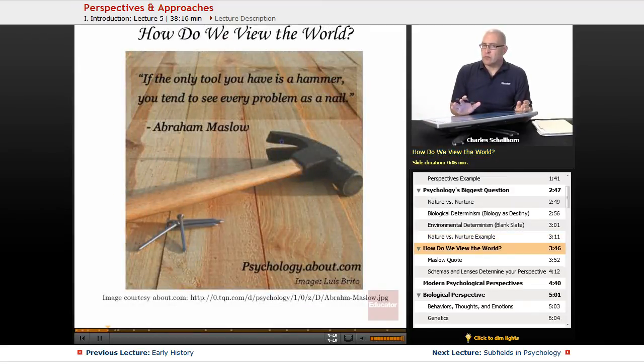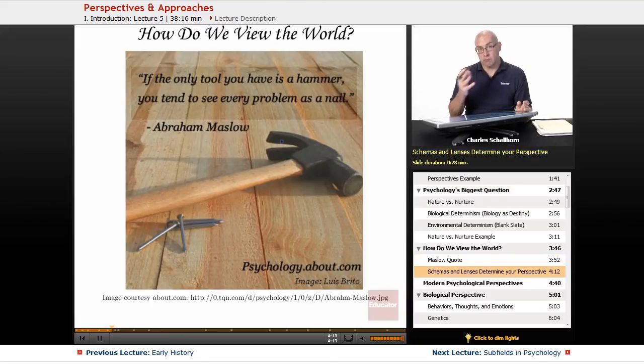So how do we view the world to answer that question and others? I love this Maslow quote: if the only tool you have is a hammer, you tend to see every problem as a nail. Abraham Maslow is a famous psychologist we'll look at in a little bit. But think about that. If the only tool you have is a hammer, you tend to see every problem as a nail. Going back to the first lesson, what is your schema?